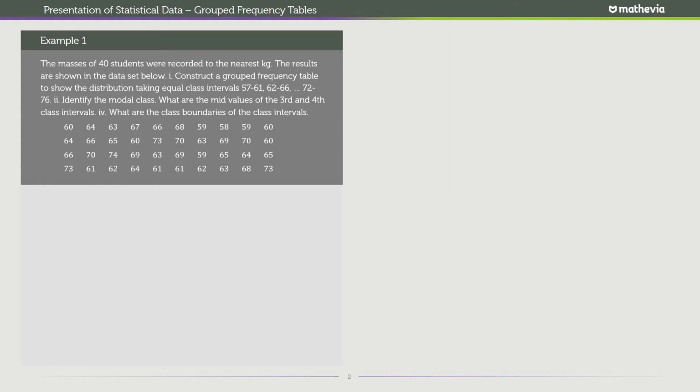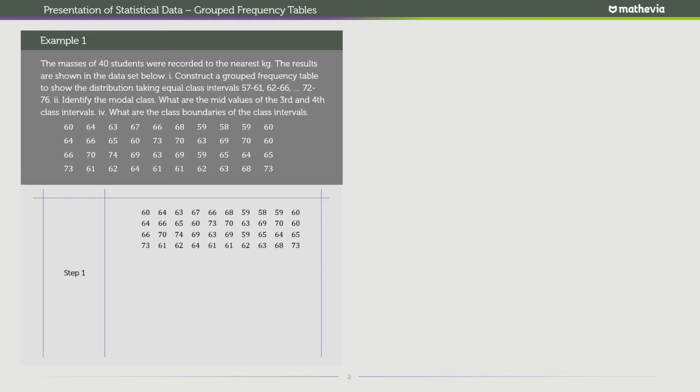Okay, so let's get right into it. The first thing we've been asked to do is construct a grouped frequency table to show the distribution. So we have our information there, our data set, we have our table, and basically what we're going to do now is work our tally system.